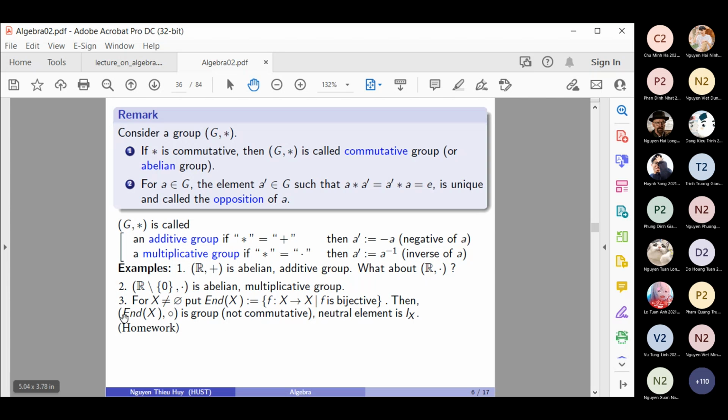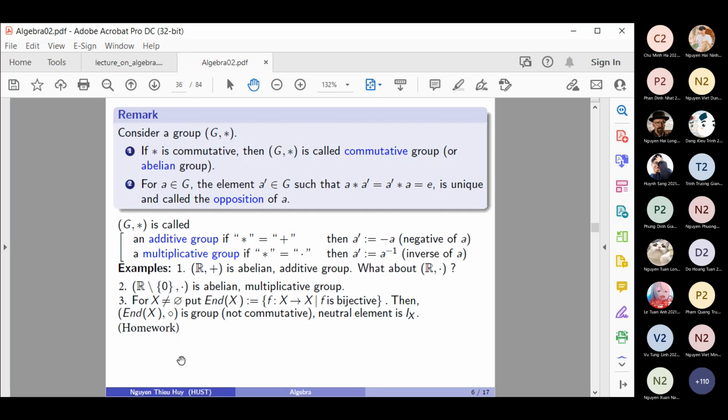Then you can prove easily that this set with composition is a group. But remember, the composition generally is not commutative. So although this is a group, it's not a commutative group, and the neutral element is the identity map. You can do this as homework. I hope that you can do this because it's not so difficult now.